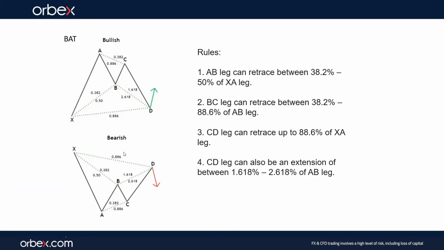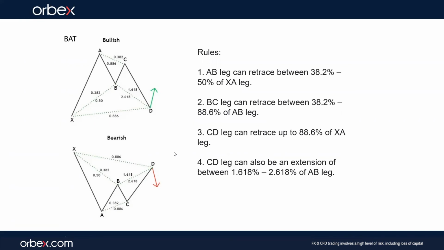And then C to D, it can fall between 88.6% of the A to B leg, or if we're going to go from ABA, an extension, the CD leg can also be an extension between 1.618 and 2.618 of the AB leg. So we're going to go A, B, A, like we did before, and that's going to be that.